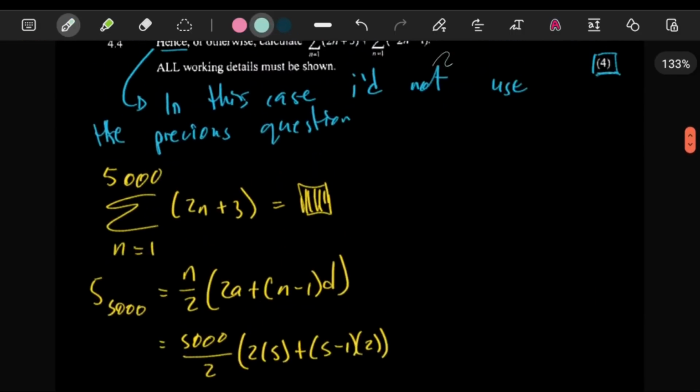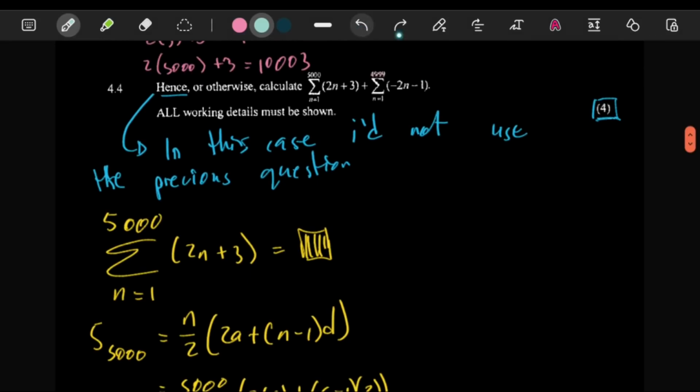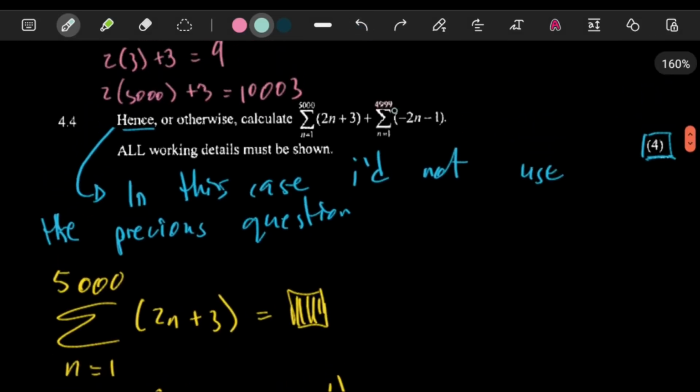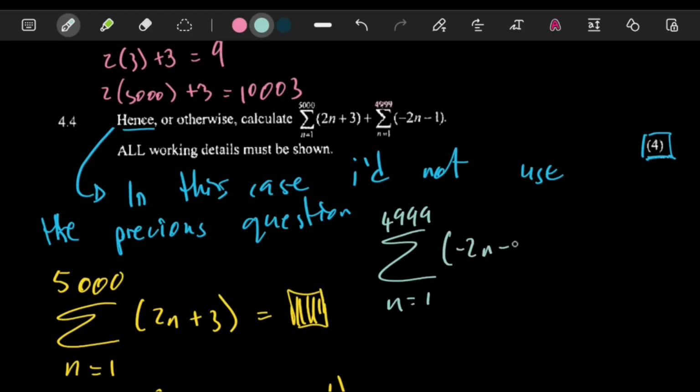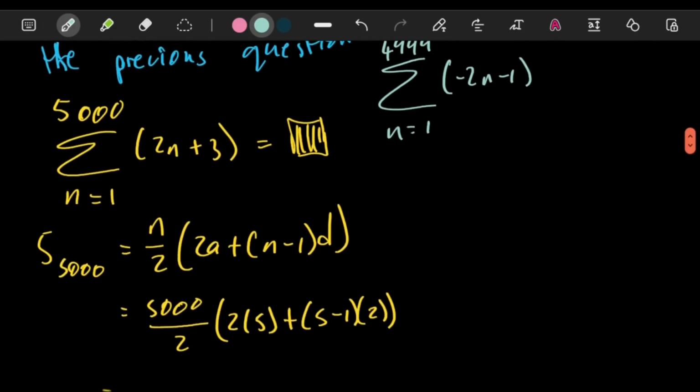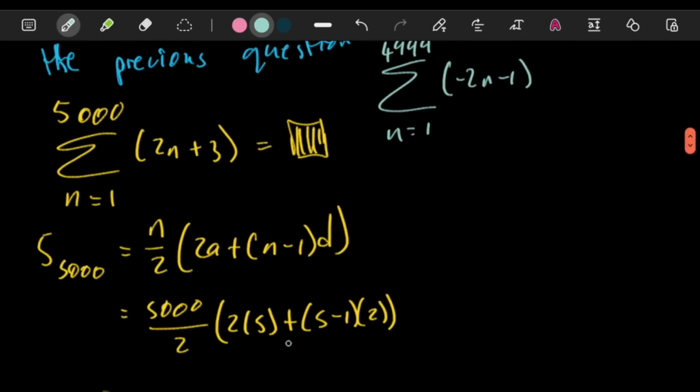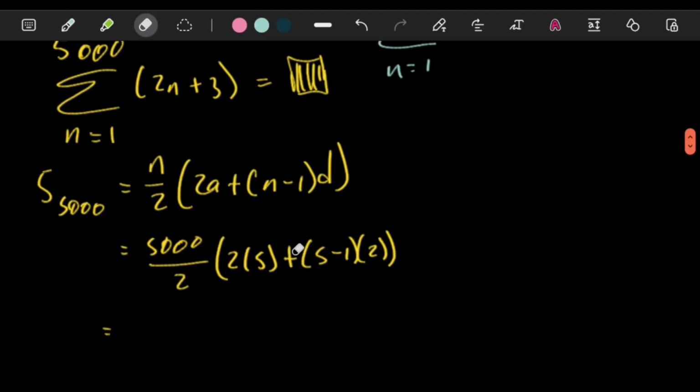Let's do the other one. Here you're working out the sum of the first 4,999 terms, starting from where n is 1, and this is your general term, negative 2n minus 1. Why did I put a 5 here and a 5 there? Come on, it's 5,000.